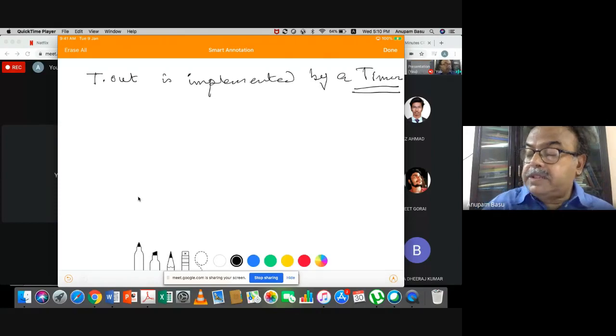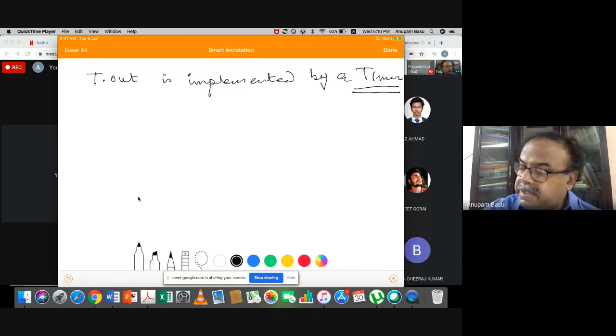Although we can implement a timer in software, let's assume that we have a hardware timer allocated to the operating system for this purpose.